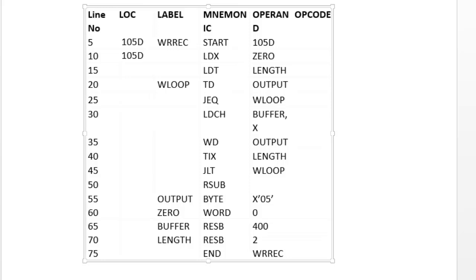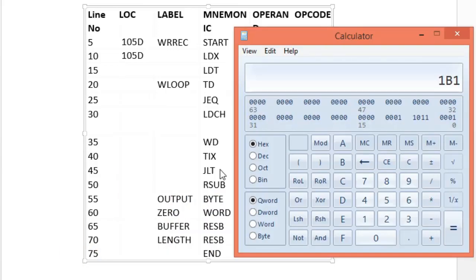After 3 means I have 105D. Where will my next instruction appear? 105D plus 3. You can use the calculator and add 3. I know this is very simple calculation, but still we will use this once because it involves hexadecimal computation.